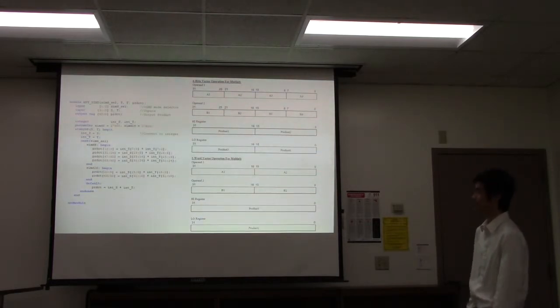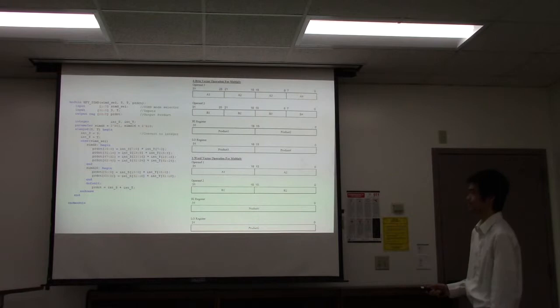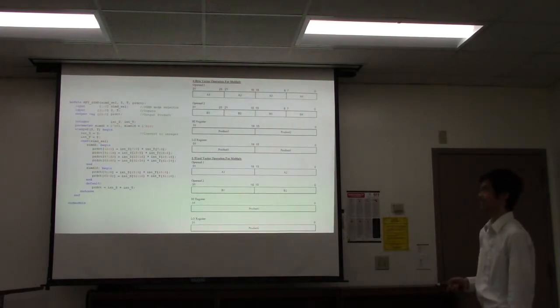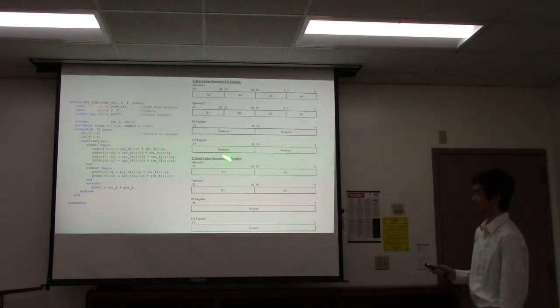Multiply is a bit different because when we multiply the 8 or the 16, we get double the amount of bits. So for 8 multiplied by another 8 bit, we get 16 bits. Basically, A1, B1 will give us product 1, and then A2, B2 will give us product 2, and so forth.